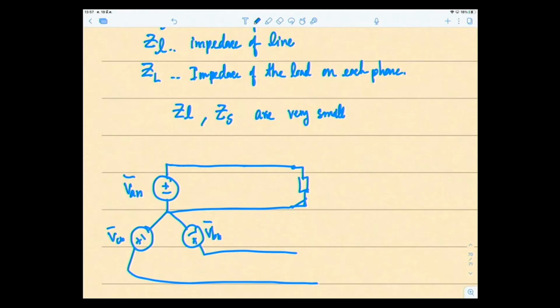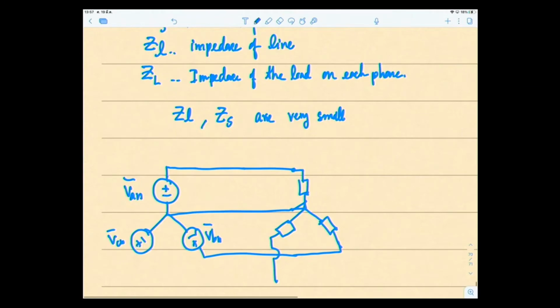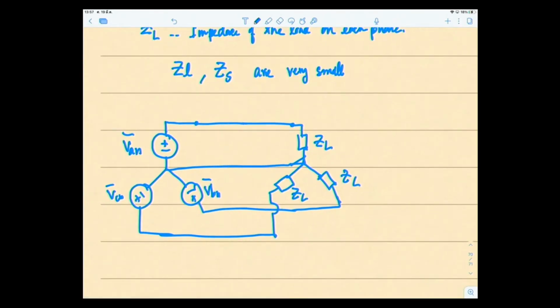So ZL, and that's it. We're going to deal with that. And of course this is I line, IA, this is N, IN, this is IB, and this is IC.